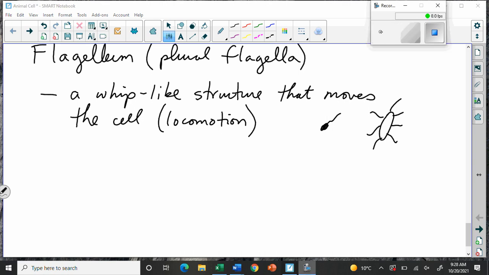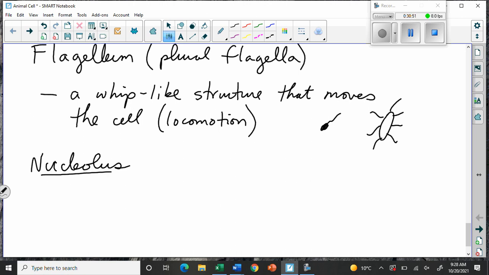Okay. All right, we did the nucleus, but we did not do the nucleolus. So let's do the nucleolus, which sort of means the little nucleus. And it's found in the nucleus. It's a little dense area, or a dense region in the nucleus.